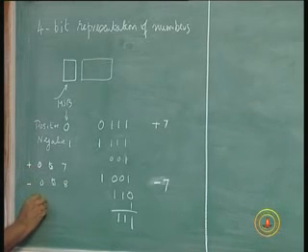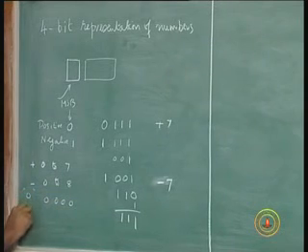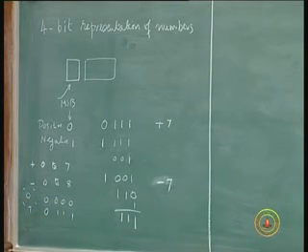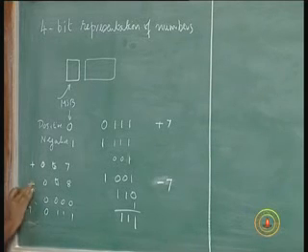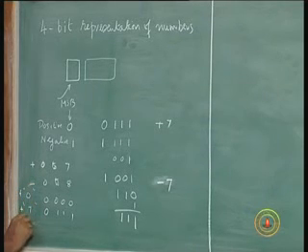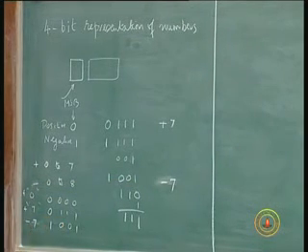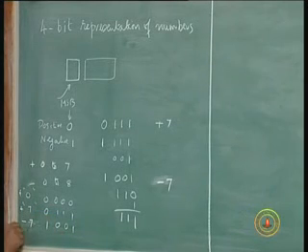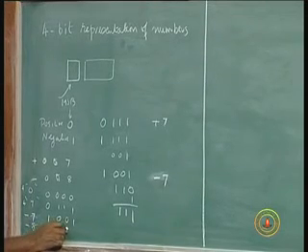So 0 positive is 0 0 0 0, 7 positive is 0 1 1 1, 7 negative would be 1 0 0 1, minus 8 would be 1 0 0 0.